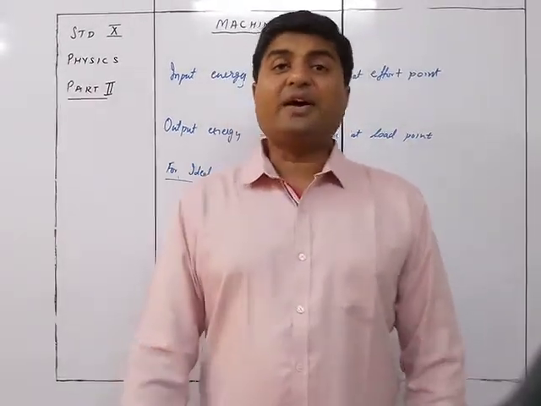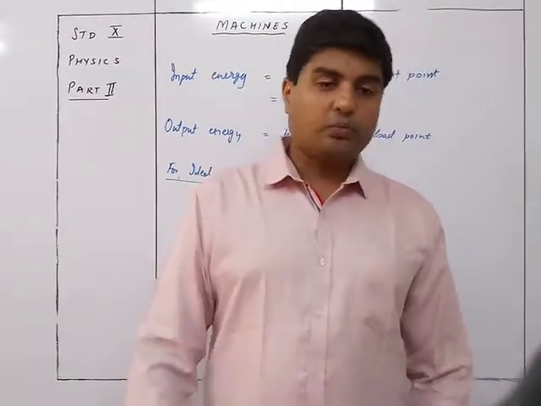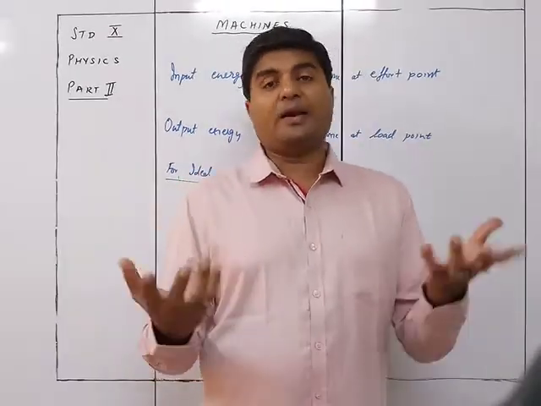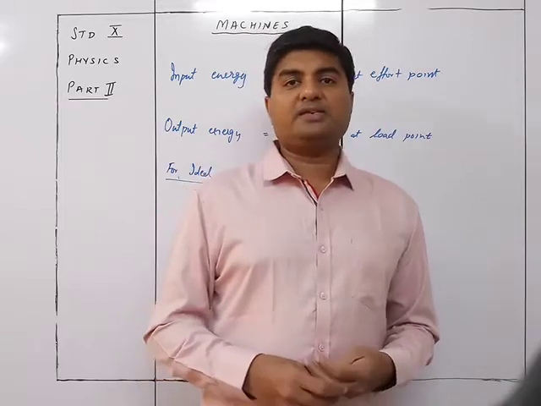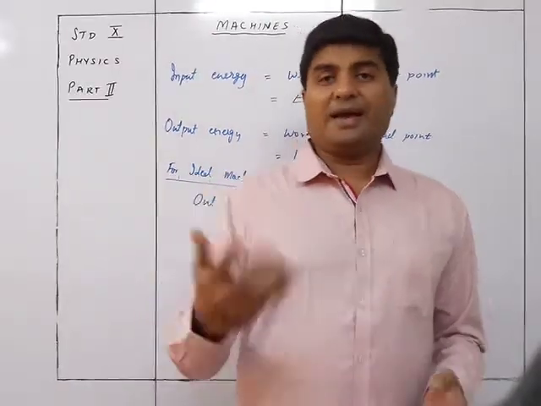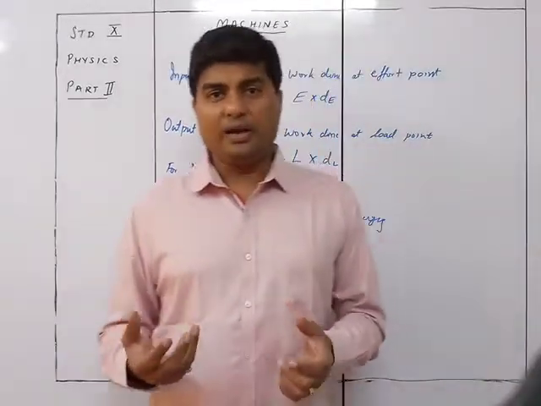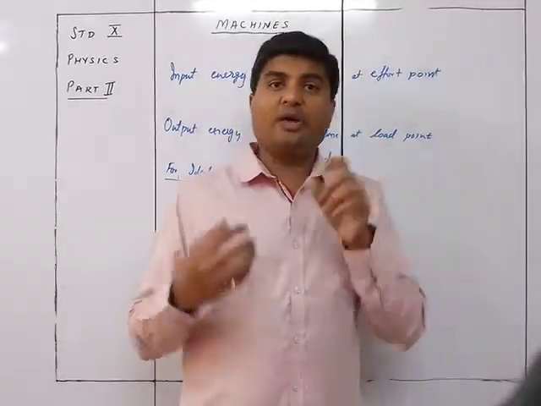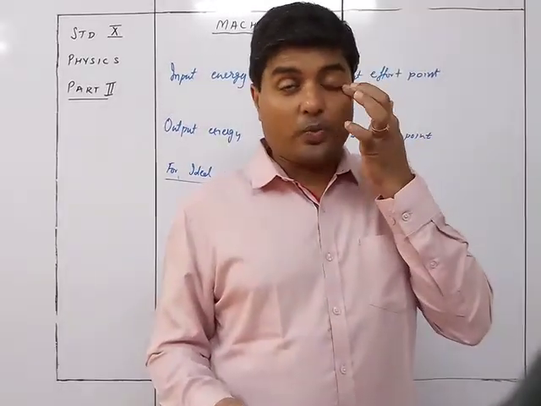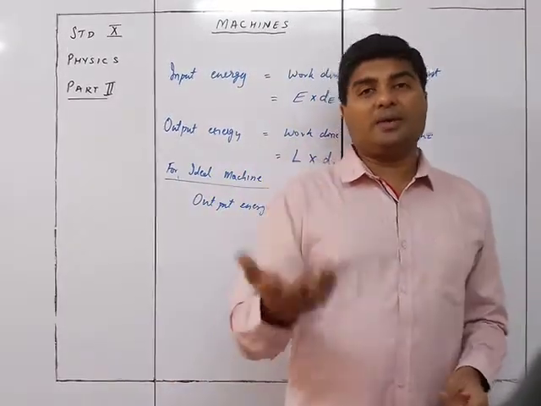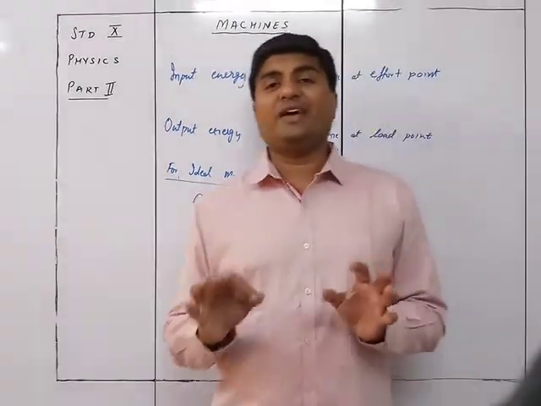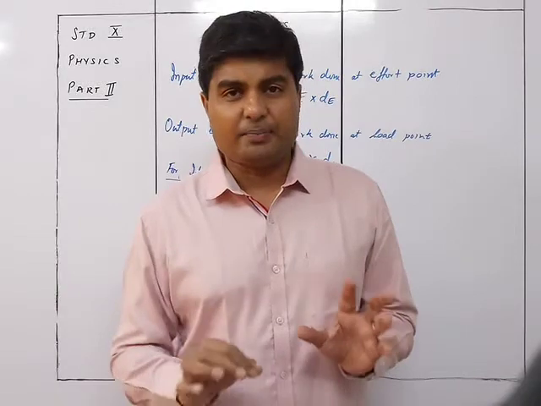If I do a work on the machine of, let's say, 1 joule, and I am getting an output of 2 joule, that means it is going against the law of conservation of energy, because I cannot generate energy, I can only transfer it from one form to another. So that's why efficiency can never be more than 100%.